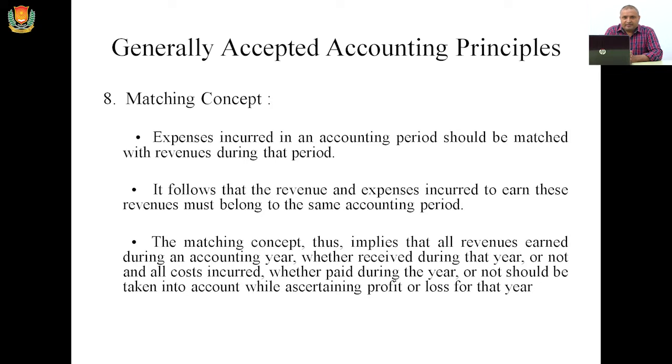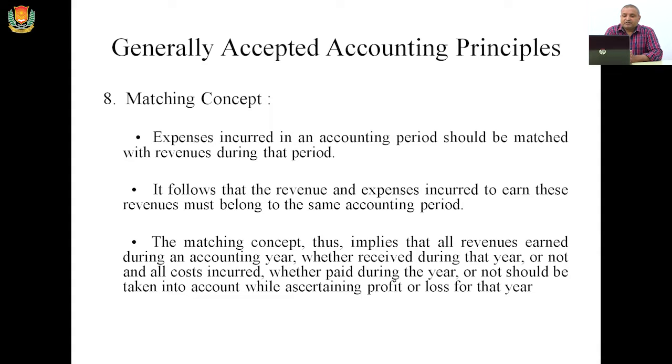Matching principle says that expenses of a particular period should be matched with revenue of that particular period only. For example, expenses of year 2019-20 cannot be matched with the revenues of financial year 2020-21. It should be matched with the revenue of the same year.